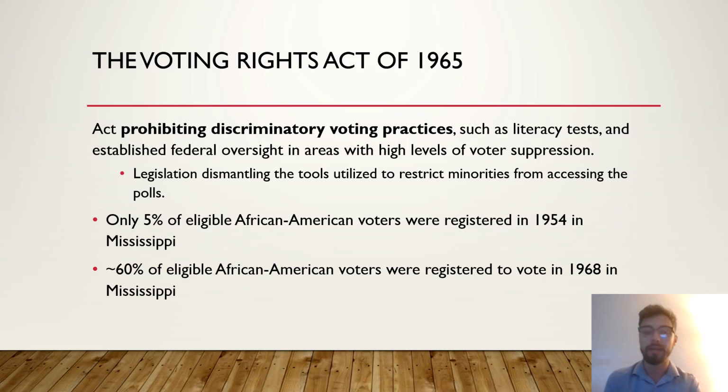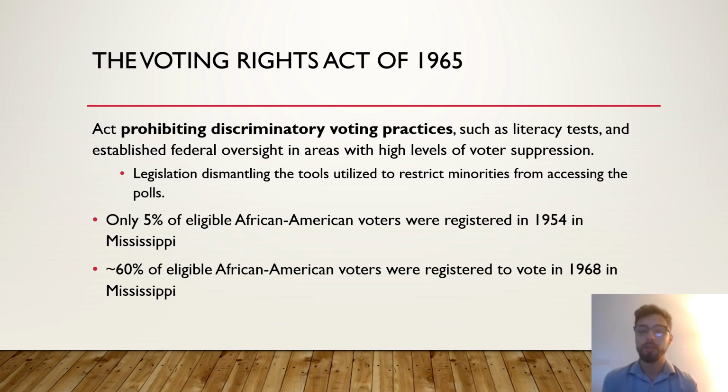It provided a state like Mississippi, which in the election of 1954, only had 5% of the eligible African American voters, not 5% of all African American voters, 5% of those males of the age of 21 plus voting in the presidential election.